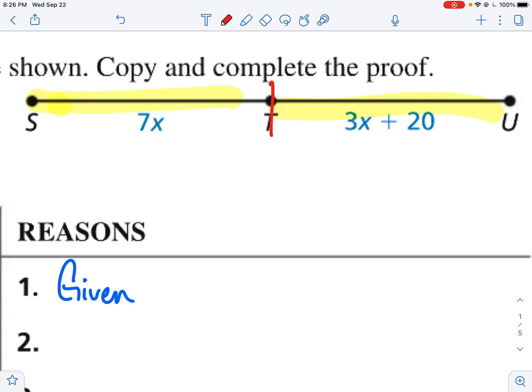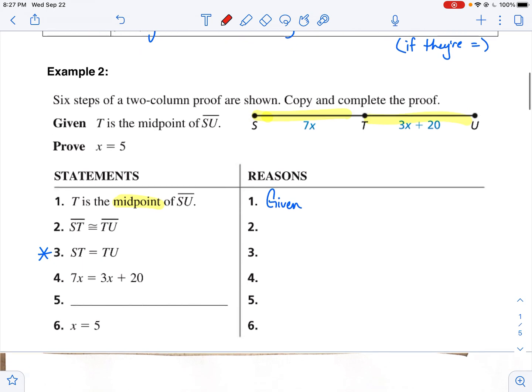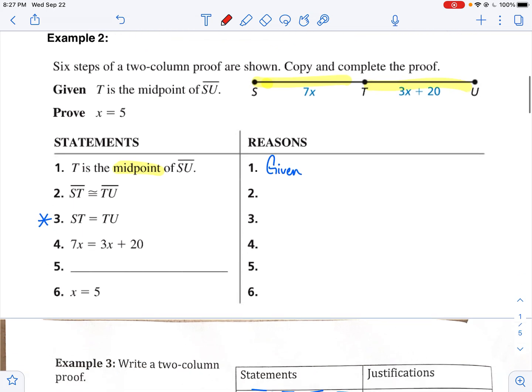Well, if T is the midpoint, if it bisects the segment, then 7x and 3x plus 20, or ST and TU, must be congruent. And that's what step 2 says. It says they're congruent, and we were able to say that by the definition of the midpoint.